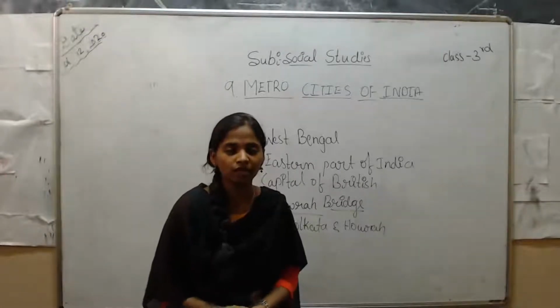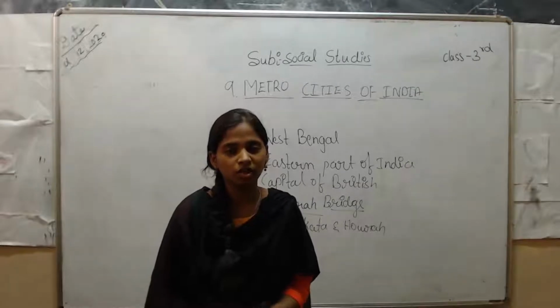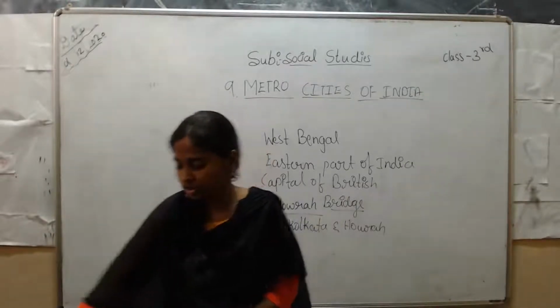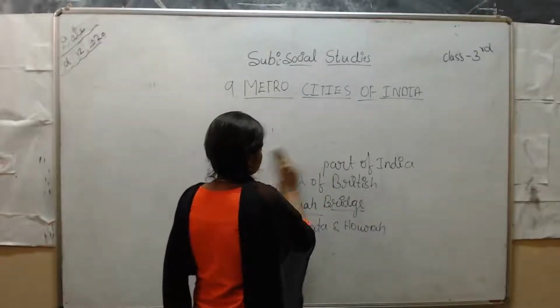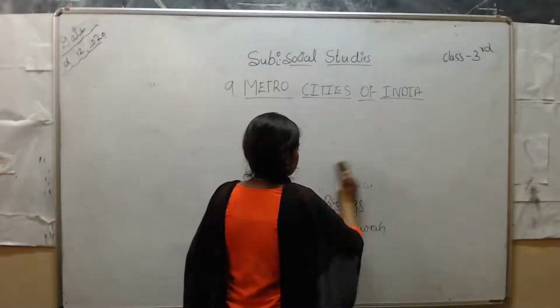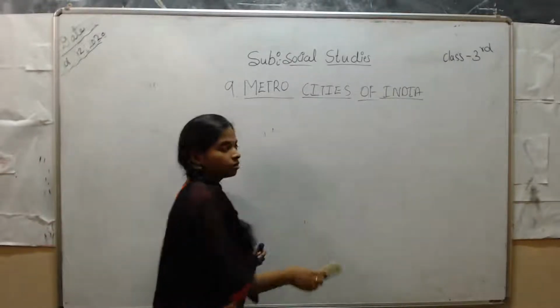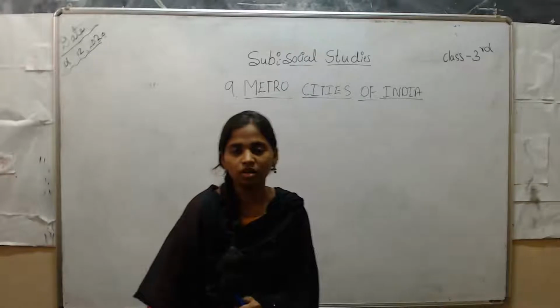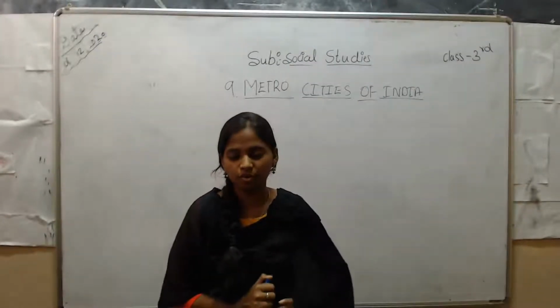Hence, how does it look? Yes, it looks like a hanging bridge. That is the speciality of the Howrah Bridge. Howrah Bridge also has another name, that is Rabindra Setu.